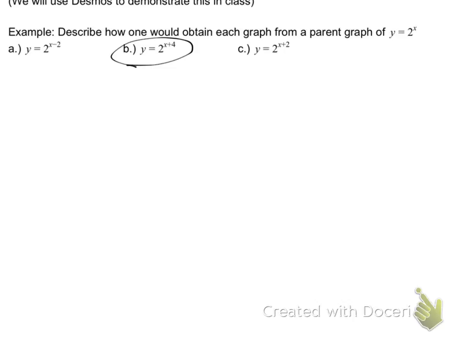Take away all moving parts. There's no a value here, right? And there's an h value. So, h is our moving value. If I take that h, or that negative 4 in this case, away, I think everybody should see that it's just y equals 2 to the x. Because I'm taking the h value out.